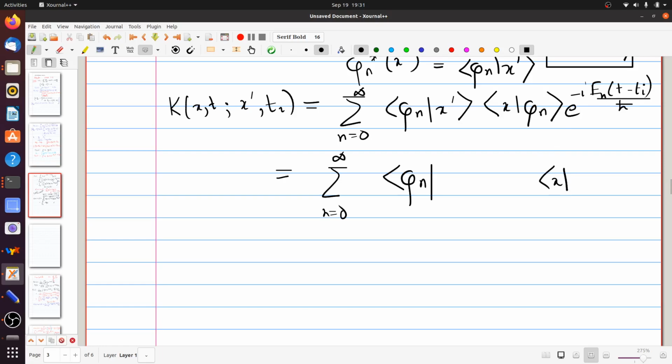With this <x|phi n>, what we can do is, in between the bra x and the ket phi n, put in e to the minus i H t by h cross. Because phi n is an eigenstate of H, the Hamiltonian, corresponding to the eigenvalue En, this will naturally give rise to this exponent term e to the minus i En t by h cross here. Along the same lines, you can get the plus i En ti by h cross from the bra phi n.